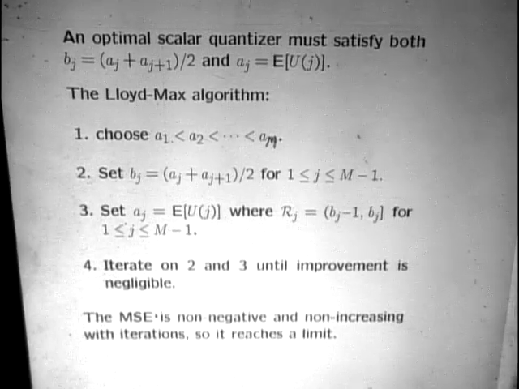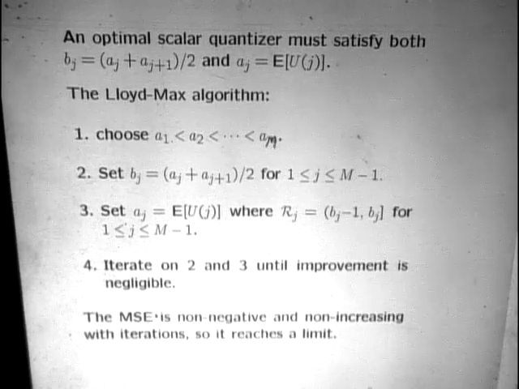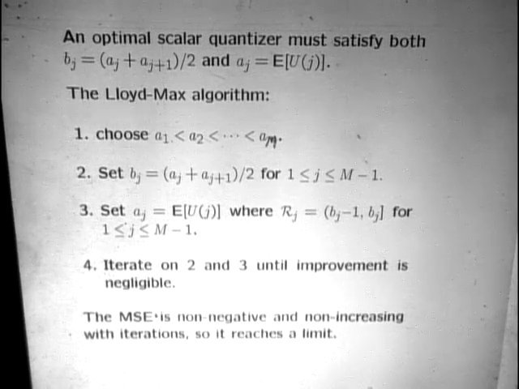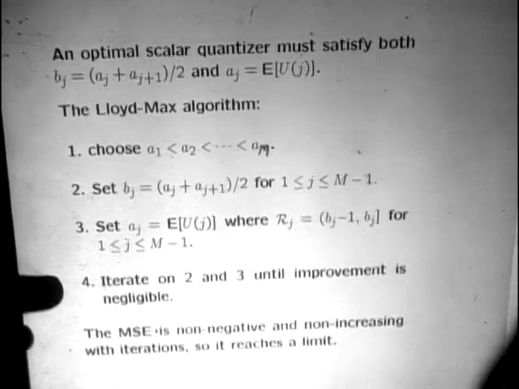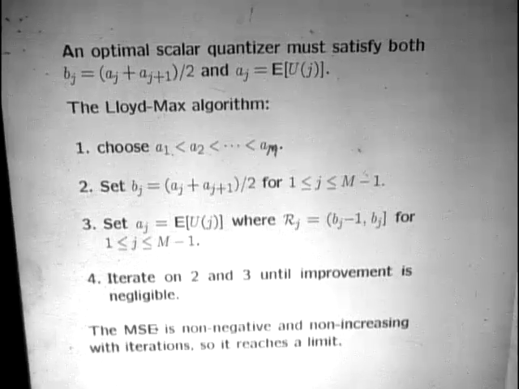This means it's closed on the right side. And since it's a probability density, it doesn't make any difference. I just wanted to give you an explicit rule for what to do with probability 0 when you happen to wind up on that special point. And then you iterate on steps 2 and 3 until you get a negligible improvement.